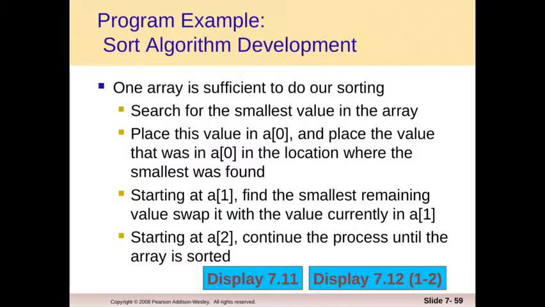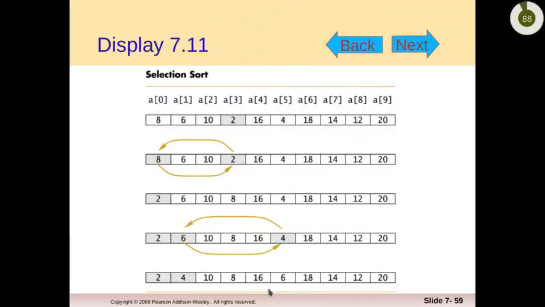Okay. And of course that can be done in every iteration of the loop. So here's an example. If these values are in our array initially, then in the first iteration of this outer loop, we need to place the smallest element into position 0.